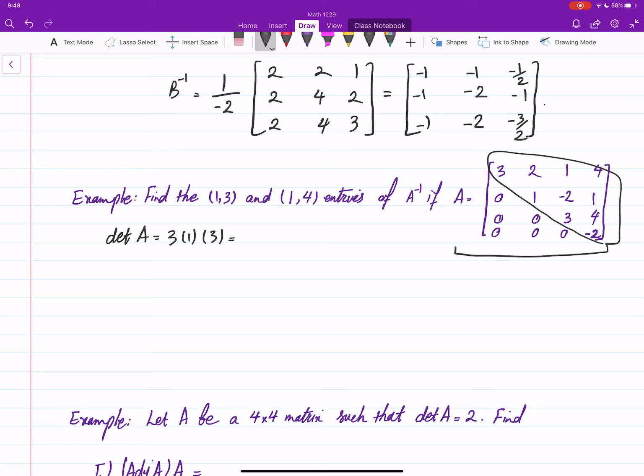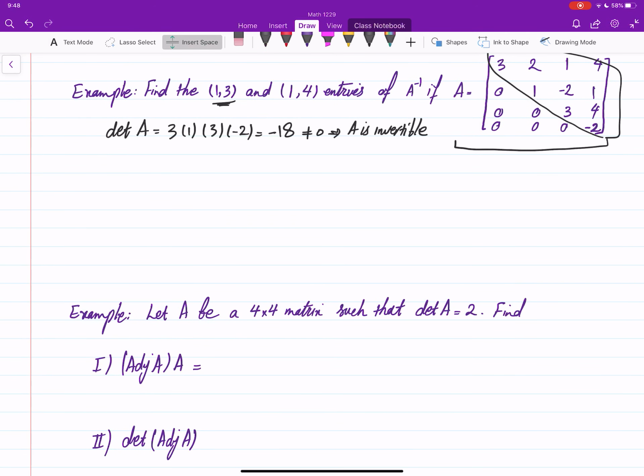So I need another negative 2, and it is non-zero, so A is invertible. Now the question doesn't ask for the whole A inverse. It says what is the 1, 3 entry of the A inverse.